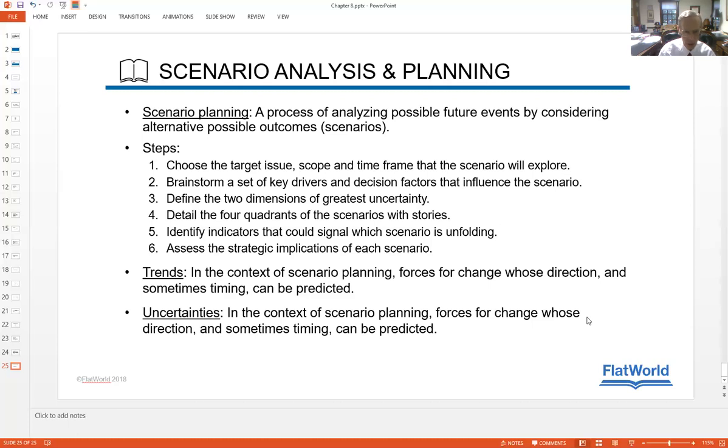So their 6 steps are: choose the issue, what's your question? And by the way, we can do the research. I mean, this is really sort of a research method. So the researcher says, I'd like to look into a particular kind of problem. Perhaps it has to do with an economy of a particular country growing rapidly or not.